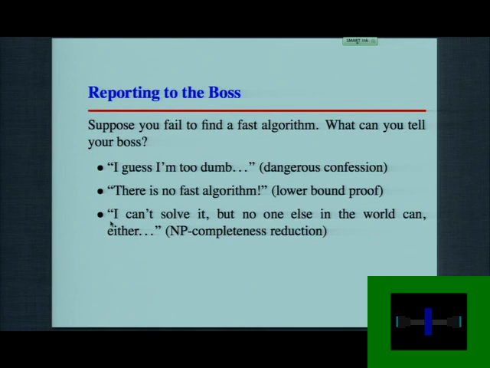Almost all semester, we've been talking about how you design a fast algorithm. For the rest of the semester, we're not really going to worry about designing fast algorithms anymore. We're going to be worrying about how you tell that a problem does not have a fast algorithm.